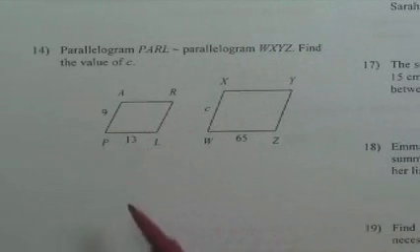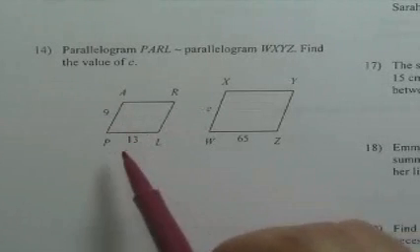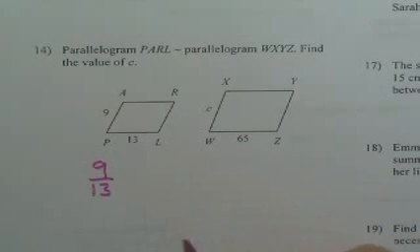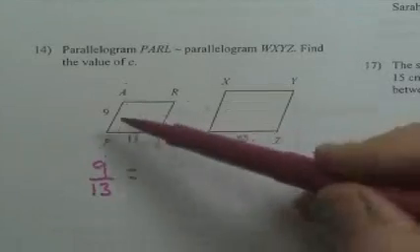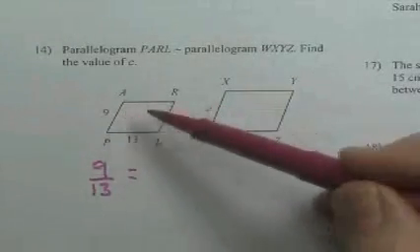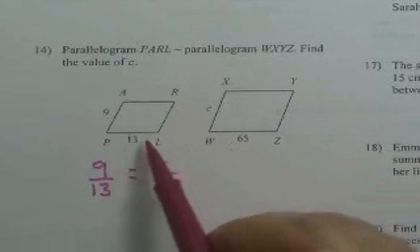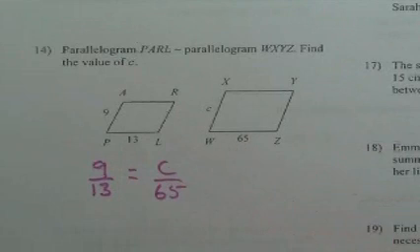So if they're similar, we can use proportions. If we look at the small parallelogram, we see that we have a ratio of 9 over 13. On this side, we have 9. By the way, 9 is the same as C on the big one. And 13 matches up with 65 on the big one.